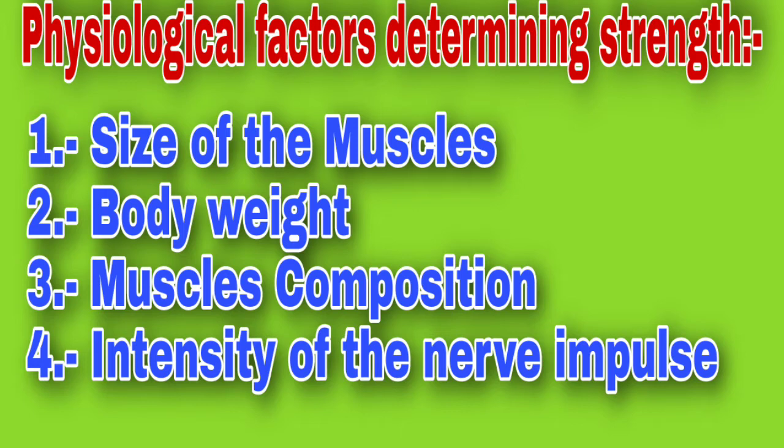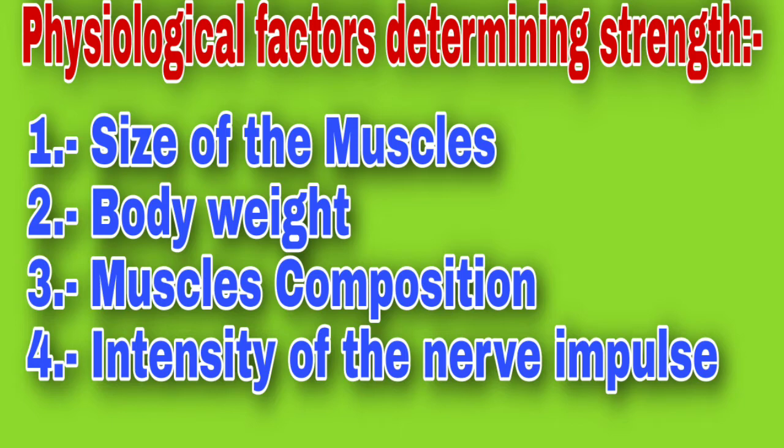The percentage of fast twitch fibers in muscles is generally predetermined and cannot be altered through training. So it can be said that the percentage of these fibers also determines the strength of a person. So this is muscle composition.